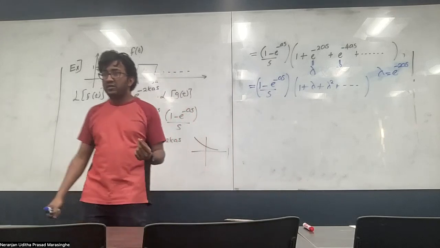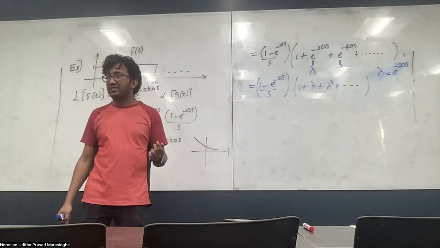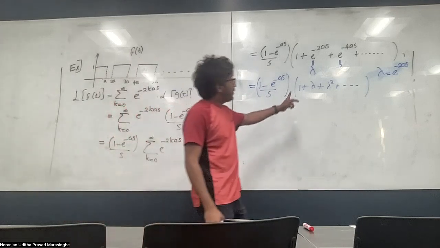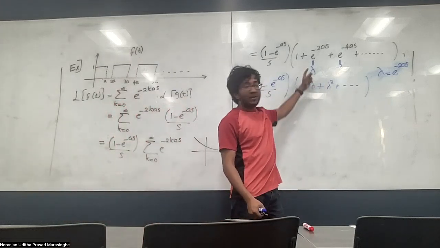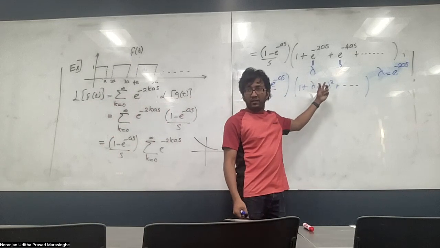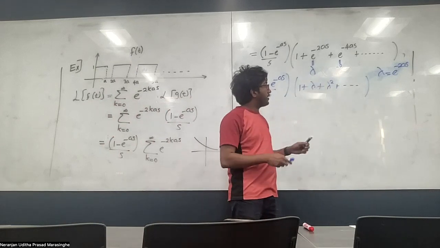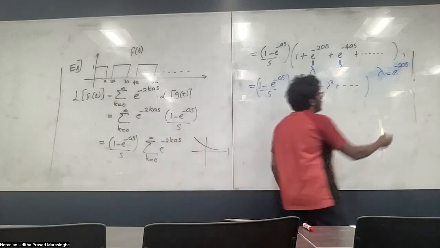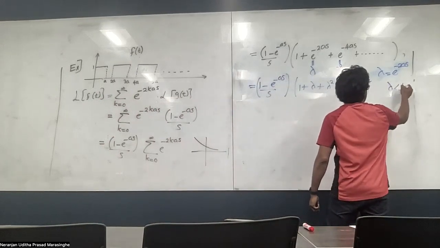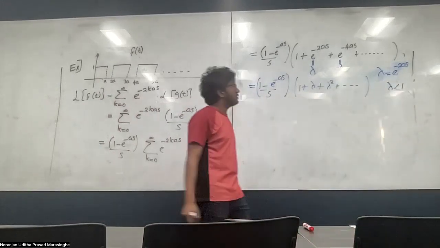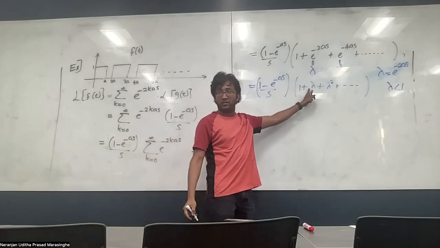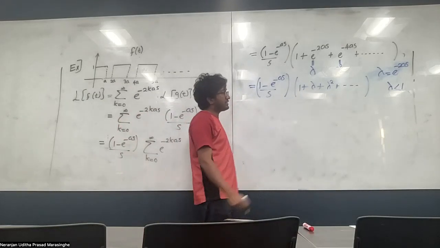You have a geometric series and you know that lambda is less than 1. Then this geometric series would converge, and the common ratio is lambda. Right? Okay. So what is the summation?